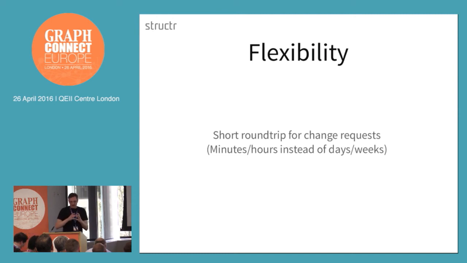Then connect or integrate another IT system or create another micro app or integrate another application. And the interesting benefit, I think, is that instead of having days or weeks for each change in a complex application, you have round-trip times for change requests of minutes and hours.